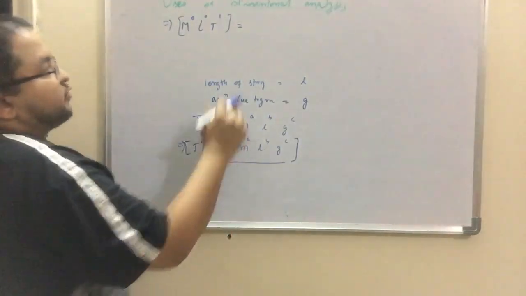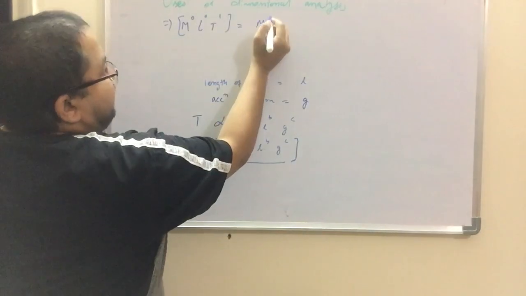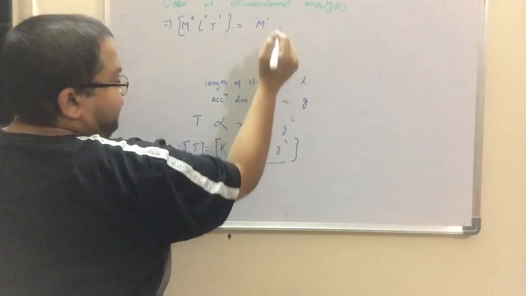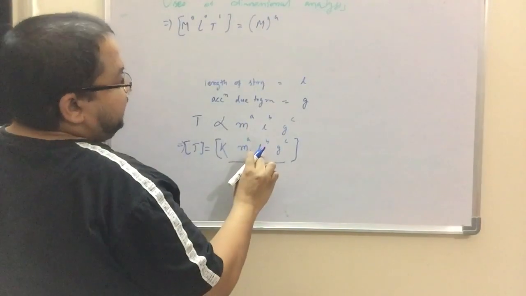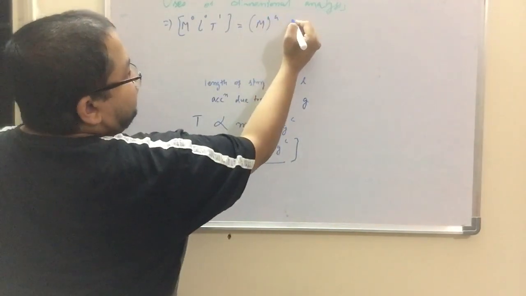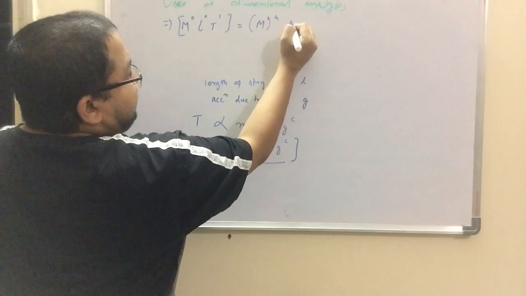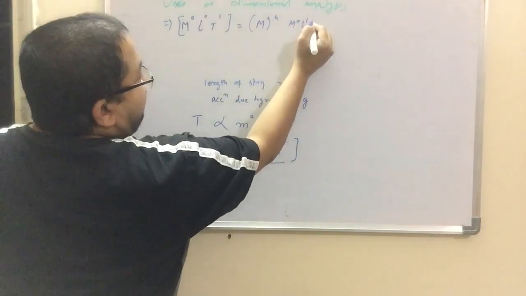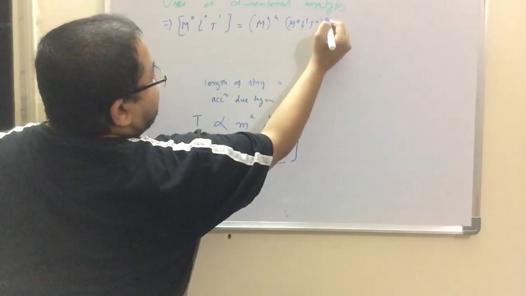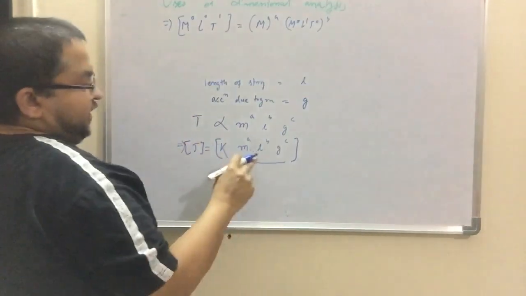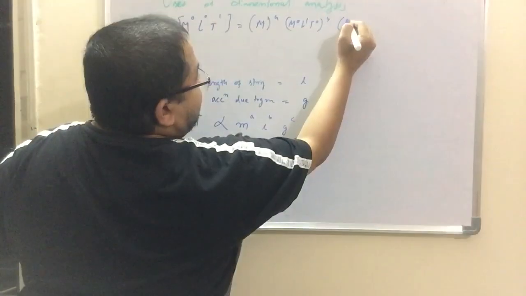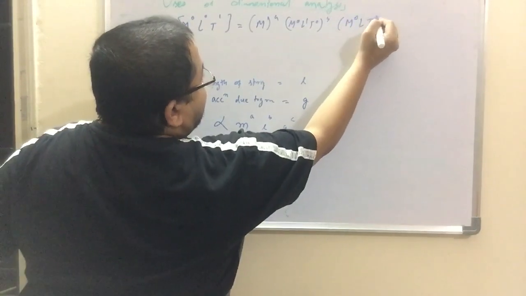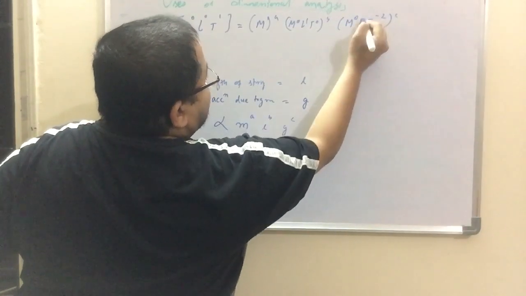Okay, now mass to the power a, so I can say m to the power a, length to the power b. Length is nothing but m0 l1 t0 raised to the power b, right? And g is acceleration. Acceleration is l t to the minus 2 raised to the power c.